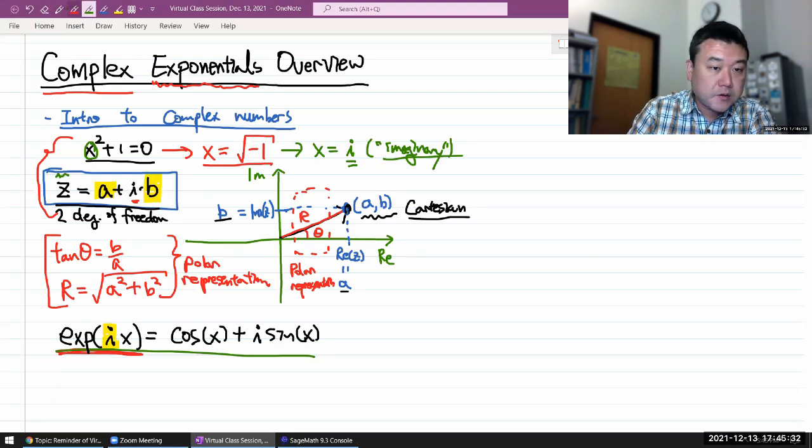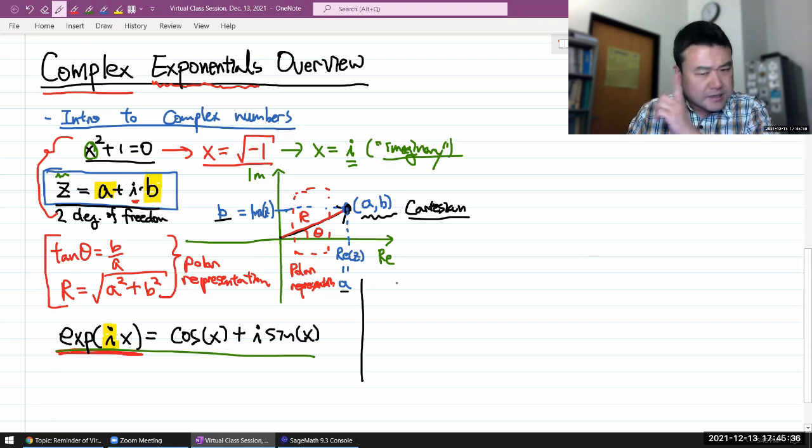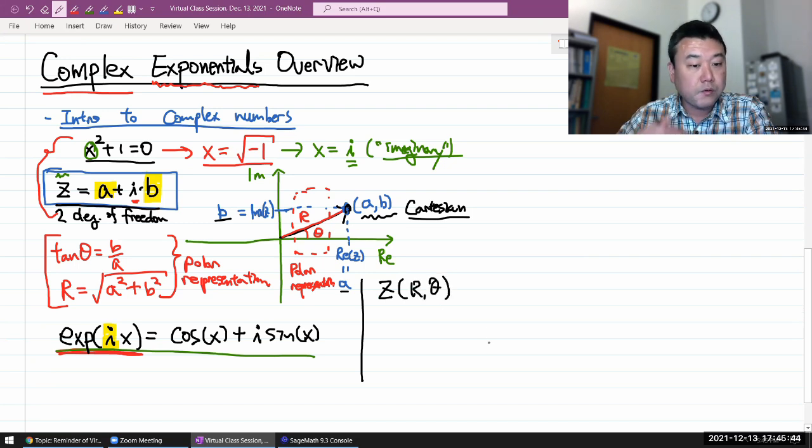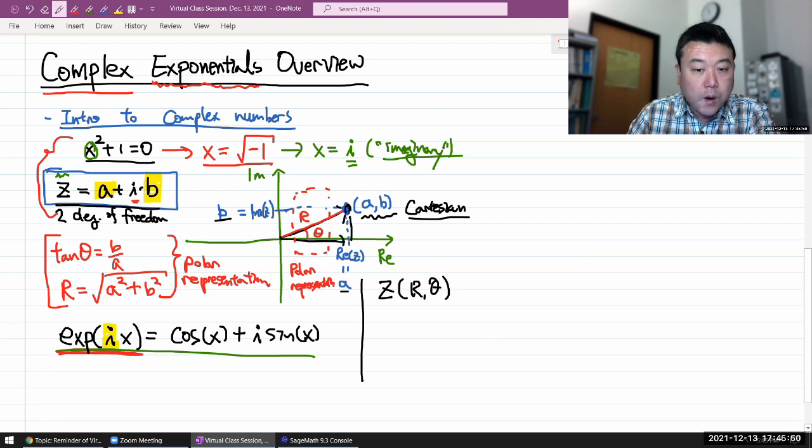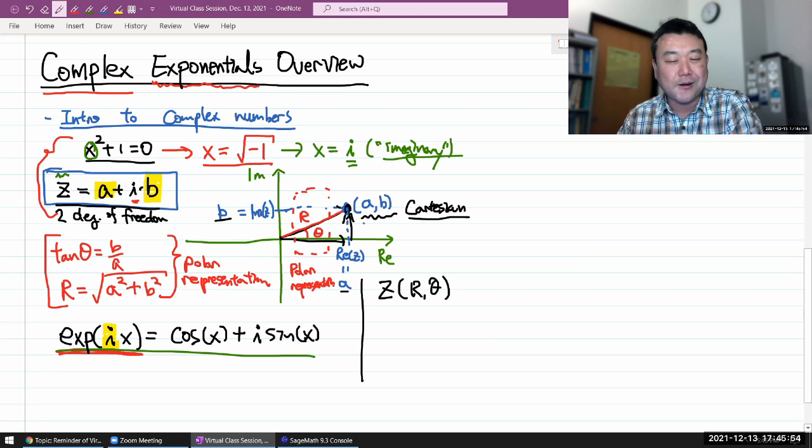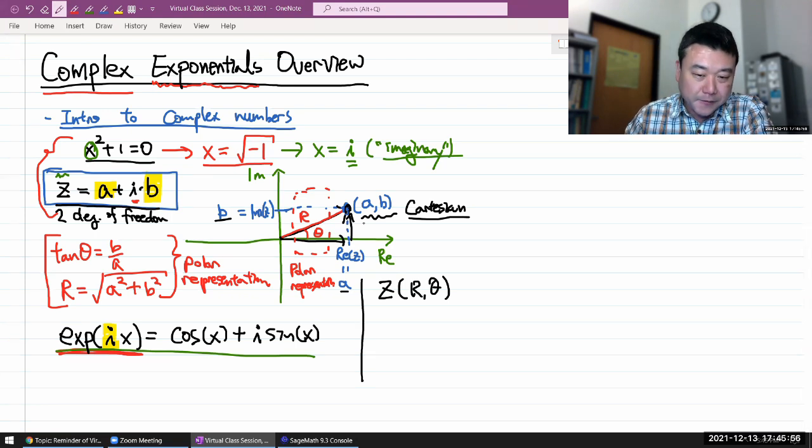Let me give you some examples. Let's imagine a scenario where we know the complex number's magnitude and the angle theta, and we want to express the x and the y component, or the real and the imaginary component, of that complex number.